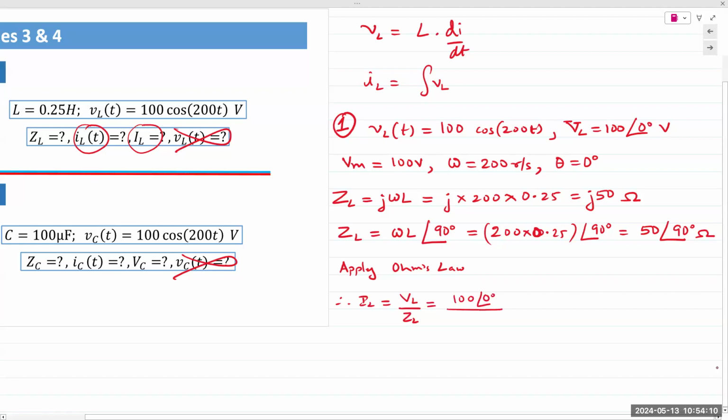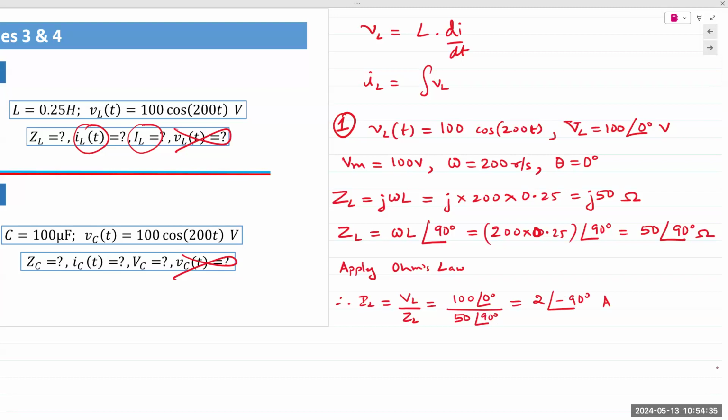Phasor for ZL, sorry, not phasor, value. Magnitudes get divided, phase angles are subtracted. So it becomes 0 minus 90. So it becomes 2 with an angle of minus 90.